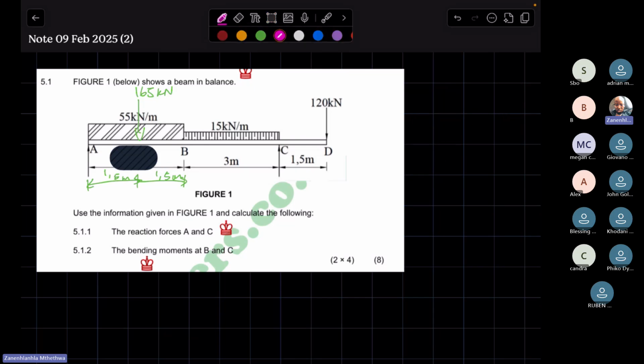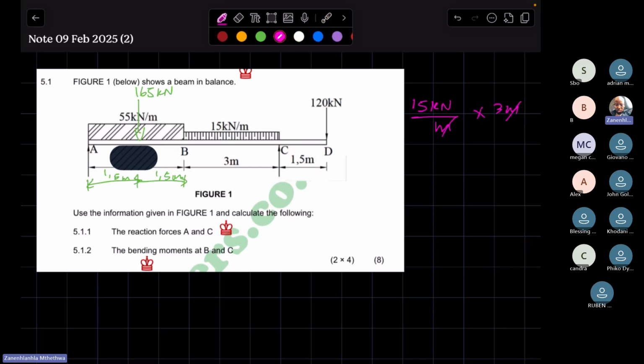Now let's look at the second UDL, which is 15 kilonewtons per meter. We want to resolve this into its weight, so we multiply it by the span of the UDL. The span of this one is also 3 meters, from here to there, so you also multiply this by 3. Whatever you get here will be in terms of kilonewtons.